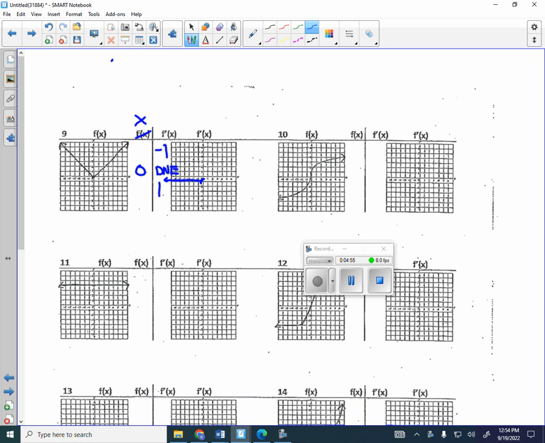And at 0, I have an open circle. And then I pick up with an open circle and an arrow to the right then. So I would say that the slope here is -1.